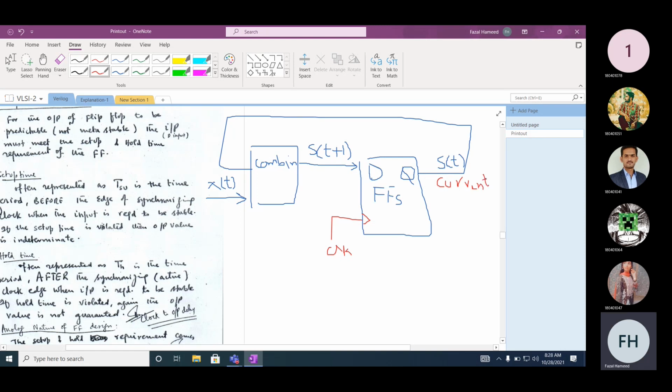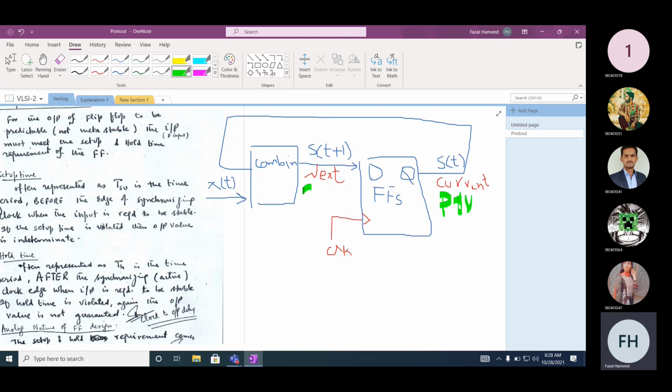This is the current state of the system, and ST plus 1 is the next state of the system. No, it's the current state. Now the current is assigned. Now the output at the next clock instant will be determined by the current state. You can have a different methodology: you can call it previous state, current state or next state. That's the methodology of how you would interpret this.